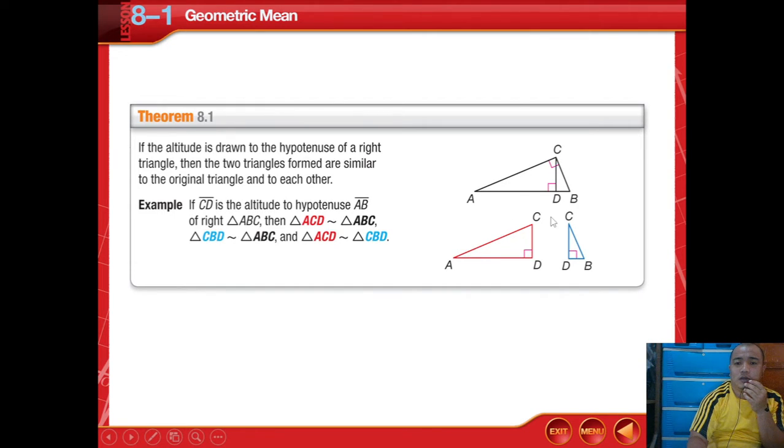Triangle CBD is similar to triangle ABC. Triangle ACD is similar to triangle CBD. So if you draw an altitude to the hypotenuse in triangle ABC, you can form 3 similar triangles, similar to each other.